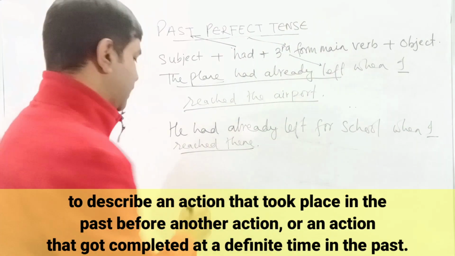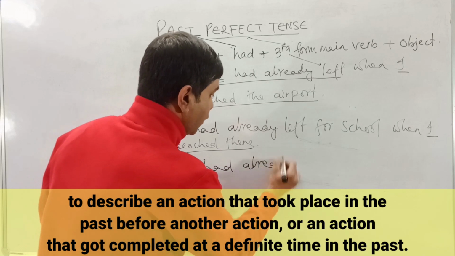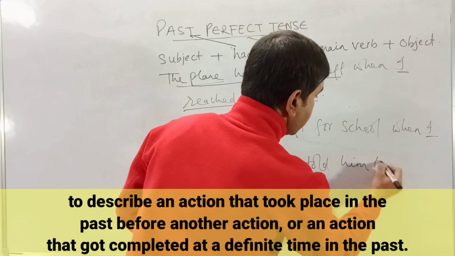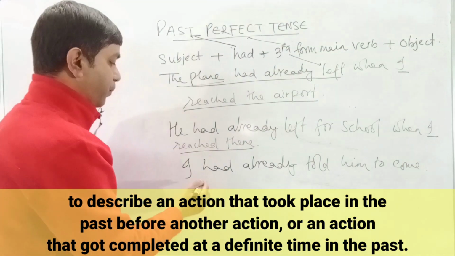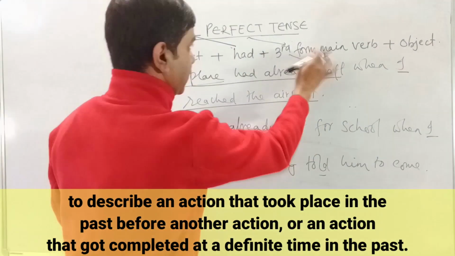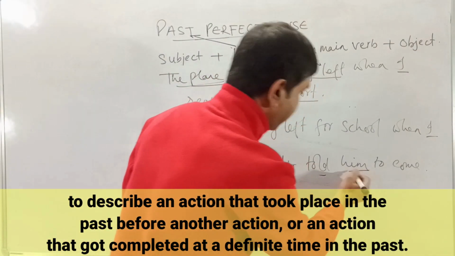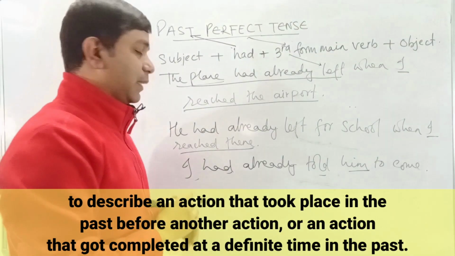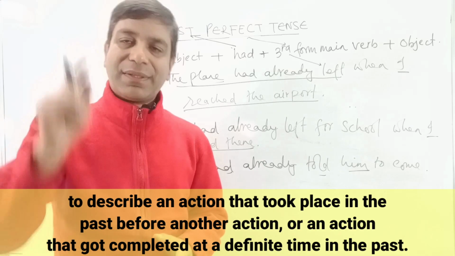Let's take another example. I had already told him to come. I is the subject, had, then told is the third form of tell, and him is the object. So in this sentence also you see that the action has already taken place and has got completed.